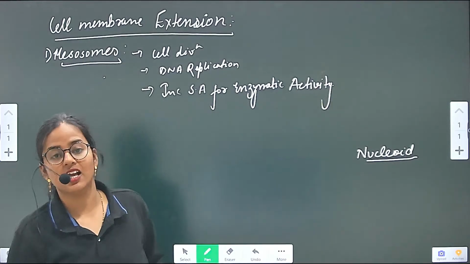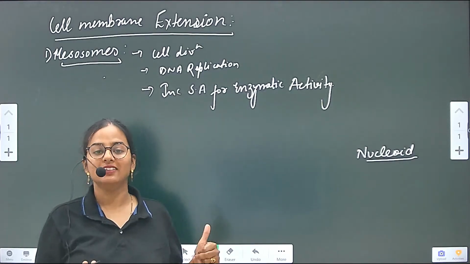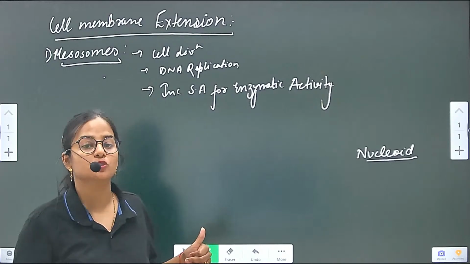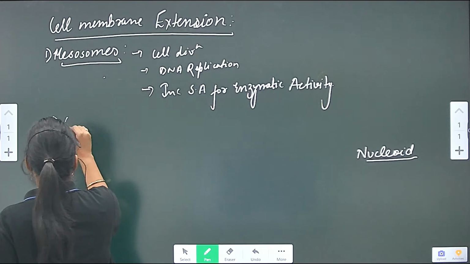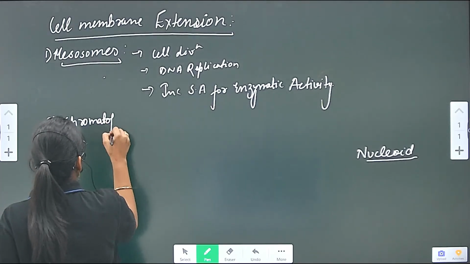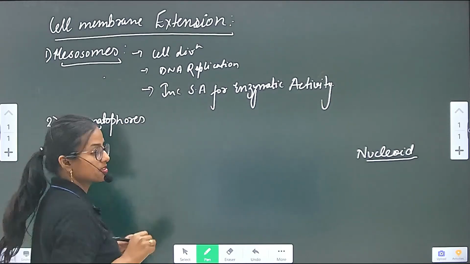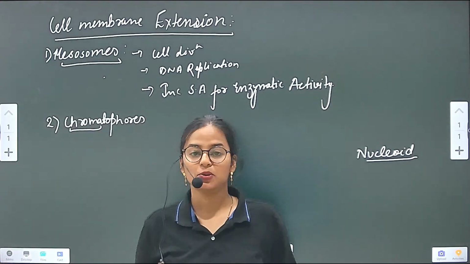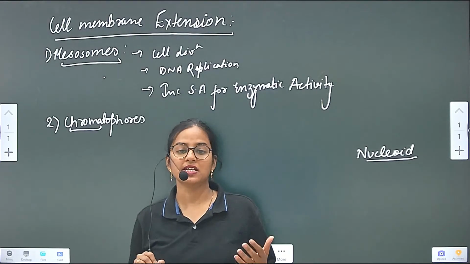So today I am going to start with the second extension of plasma membrane, and that is what? Chromatophores. What is that? Chroma means colored, and phores means body.